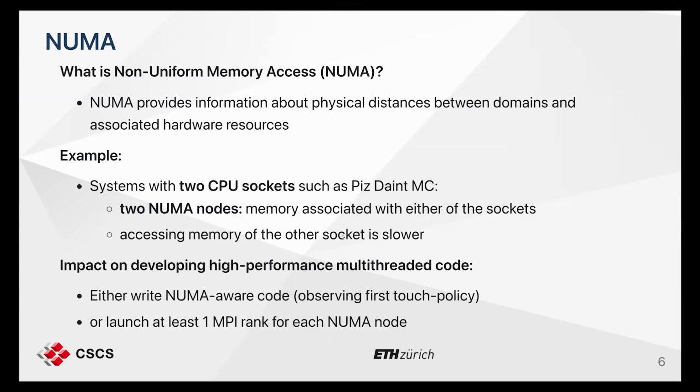But what is the impact on developing multi-threaded, high-performance code if you have to deal with NUMA domains? There are 2 possibilities. You either write NUMA-aware code, like observing the first touch policy and other things which we'll look at later, or the simplest way is to launch at least 1 MPI rank for each NUMA node.